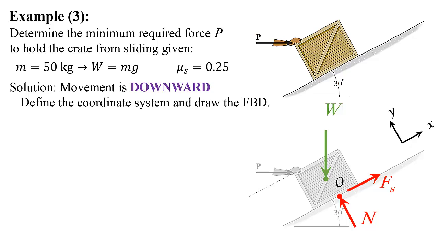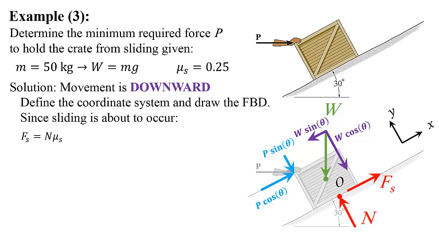And again, resolving the forces into two components, so I can use the summation of the forces in x, y, and not the summation of the moments in this case. So sliding is about to occur. F equals N mu s.